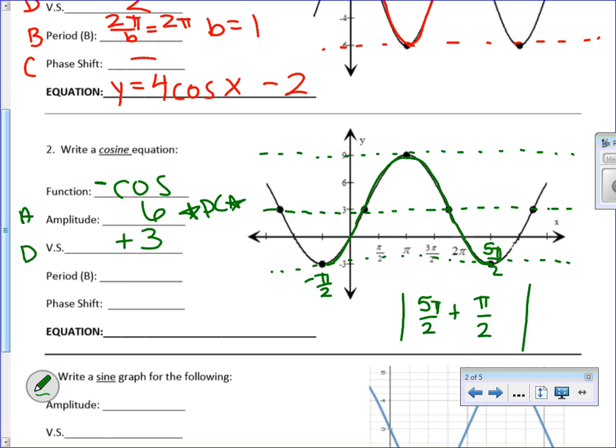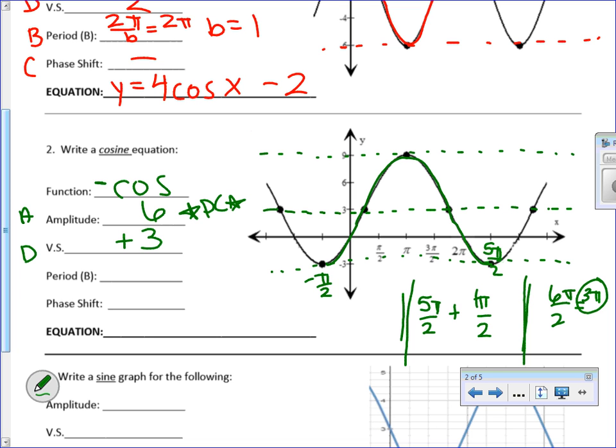So that's technically like 5/2, right? Plus 1/2, which gives you 6π/2, and that reduces to 3π. Also, guys, I put absolute value bars because distance is always positive. You can never have a negative period of a graph.